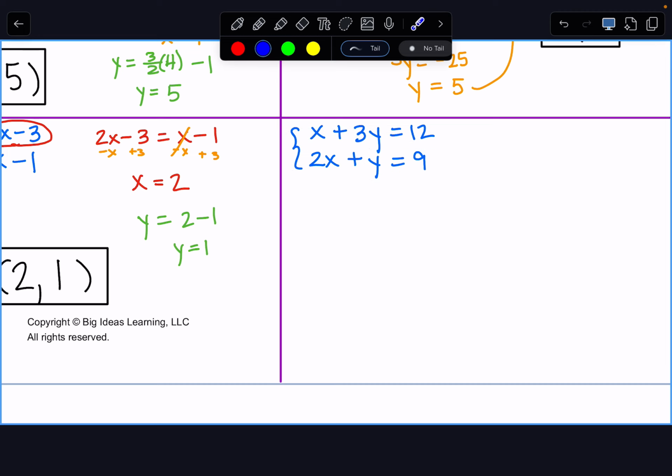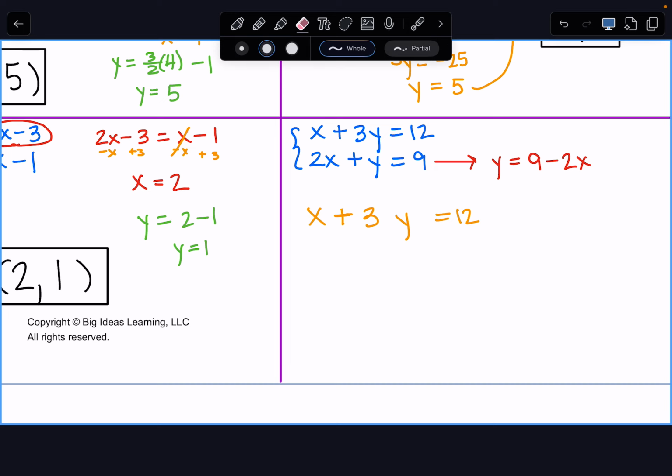Okay. I think I had more people opt for the second one. If you want to go rogue and you want to do it your own way, I can't stop you. Okay? So if I rewrite this one by subtracting 2x, we get y equals 9 minus 2x, right? So I can take our first equation, x plus 3y equals 12.